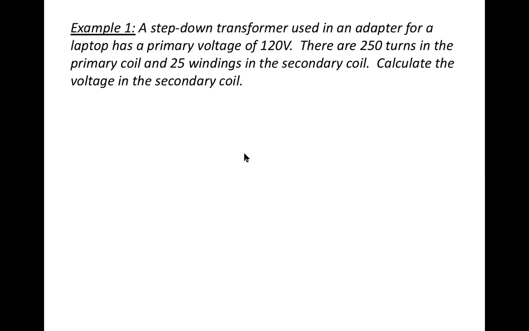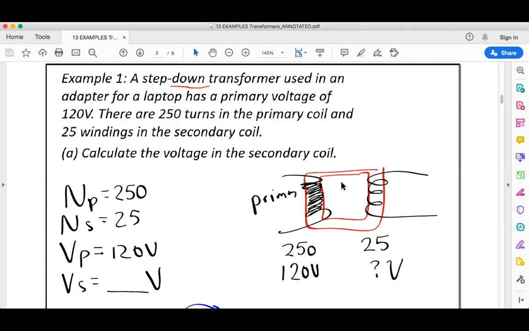So let's write this up. You're always going to start with a diagram. I just draw a rectangle inside a rectangle to show kind of like Faraday's ring. So on one side, we have 250 loops. I didn't count 250 loops, just do a whole bunch of loops, and then 25 loops on the other side. So you have 10 times less.